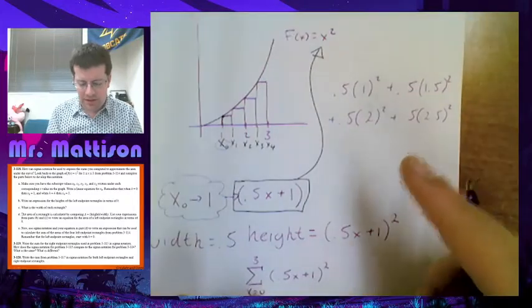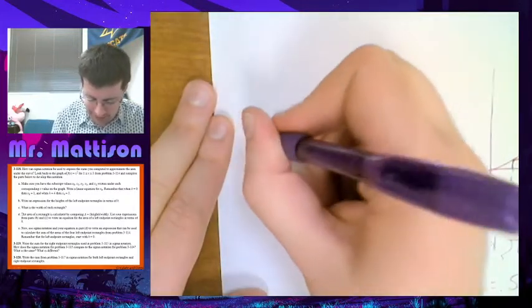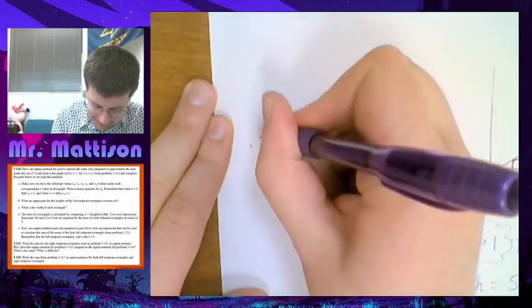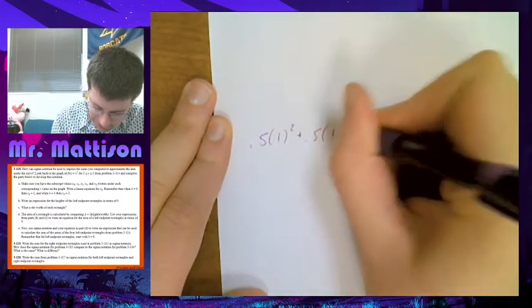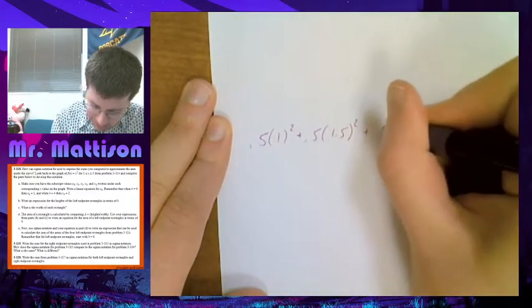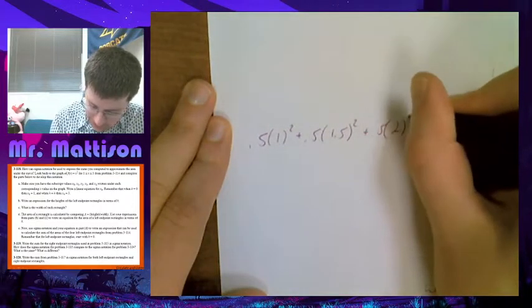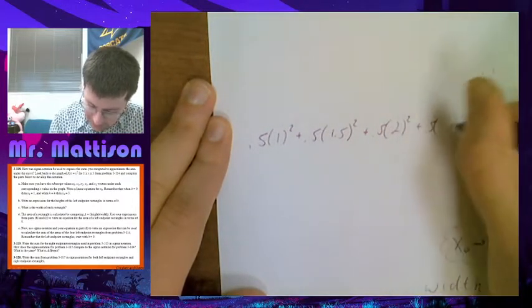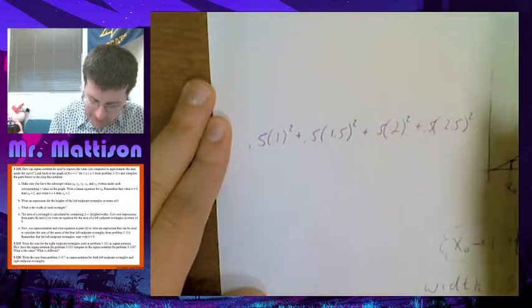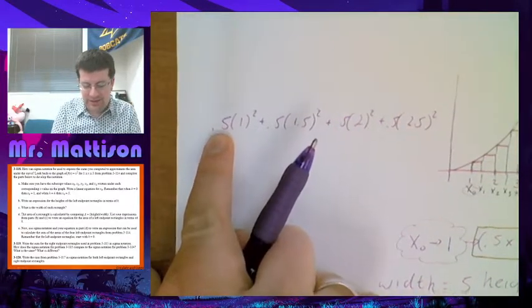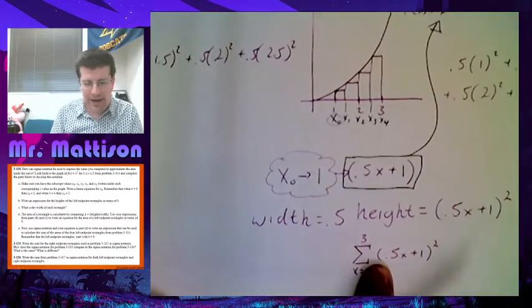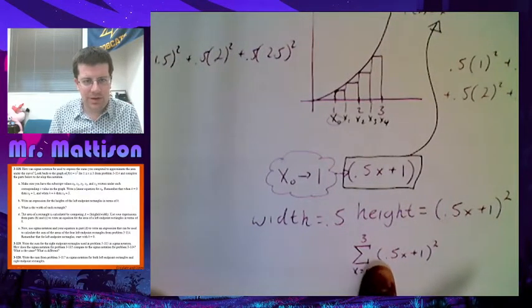Now what I really could have done here, and I'll write it here so you can see it better, 0.5 times 1 squared plus 0.5 times 1.5 squared plus 0.5 times 2 squared plus 0.5 times 2.5 squared. I can leave it here and just put this extra height inside of this and add up all of those different heights too, right?